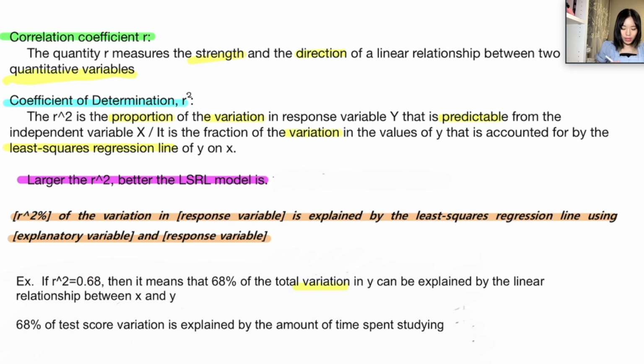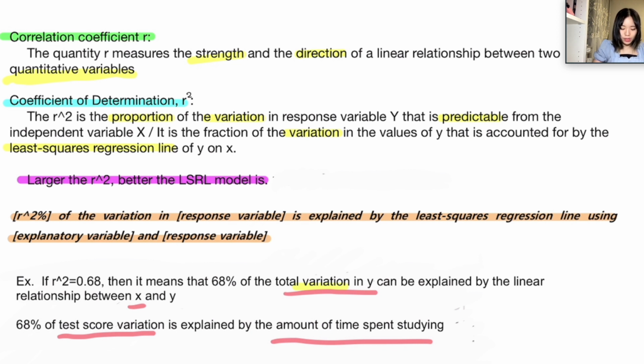Applying that context, you say that 68% of test score variation, the total variation in y, is explained by the amount of time spent studying, which is the x value.